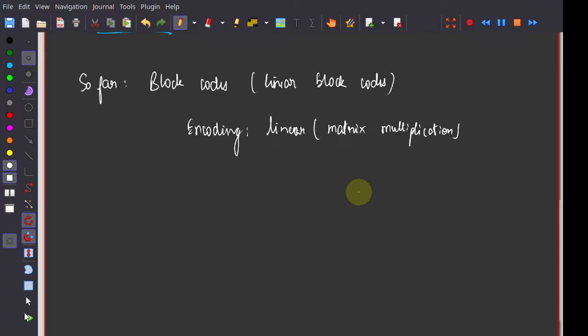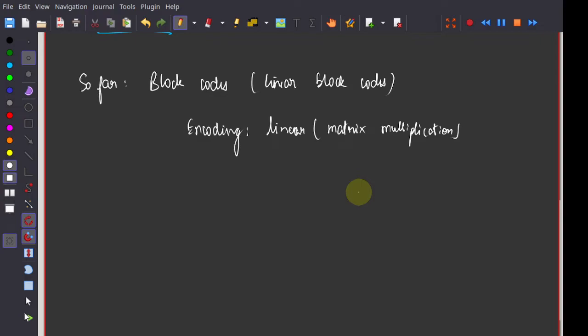In any communication system, let's say voice communication, you don't really know how many bits you're going to transmit beforehand. Now we've seen how to construct linear block codes. One way to address this problem of varying number of bits is to have two or three different codes of different block lengths.